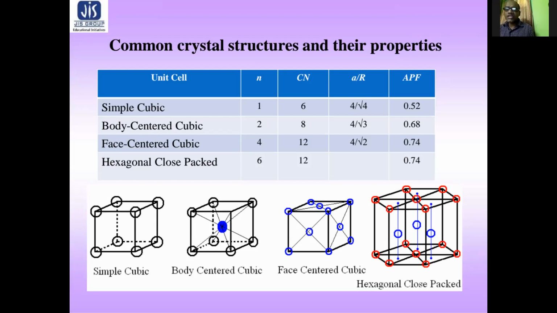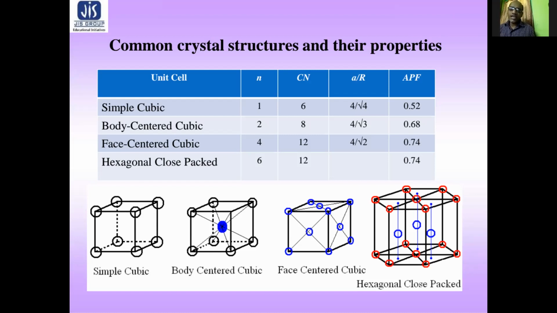For body centered cubic, face centered cubic, and hexagonal close pack also, the number of atoms effectively in a unit cell, the coordination number, the relation between the lattice parameter and r, and the atomic packing factors are given.